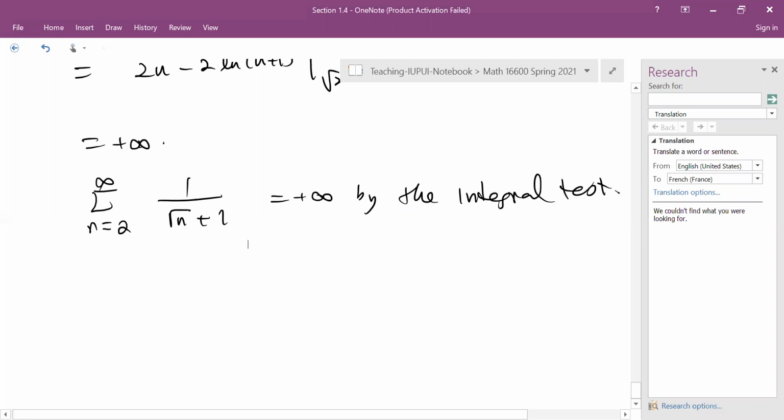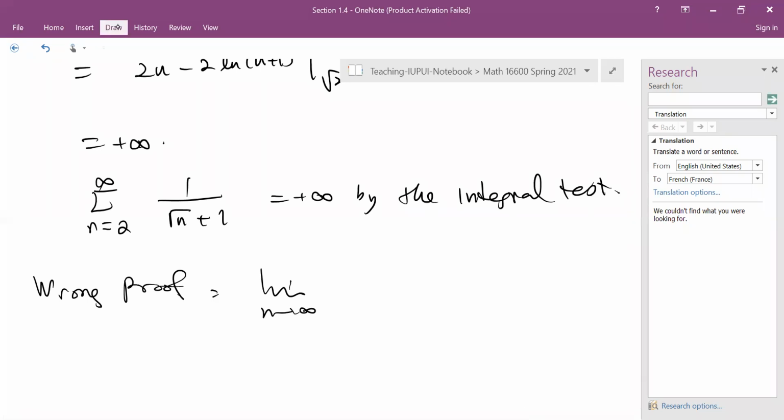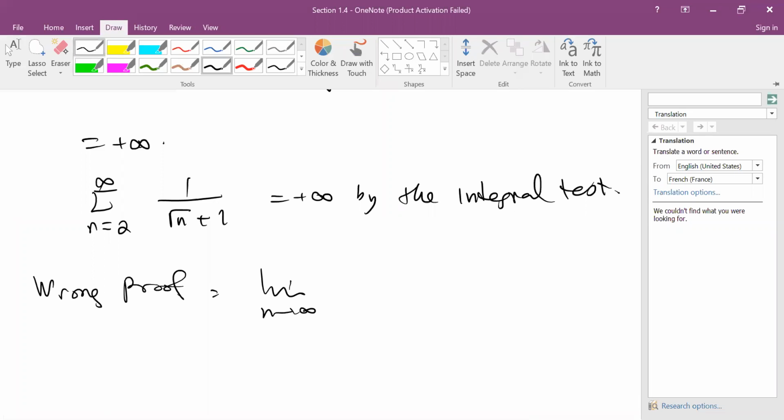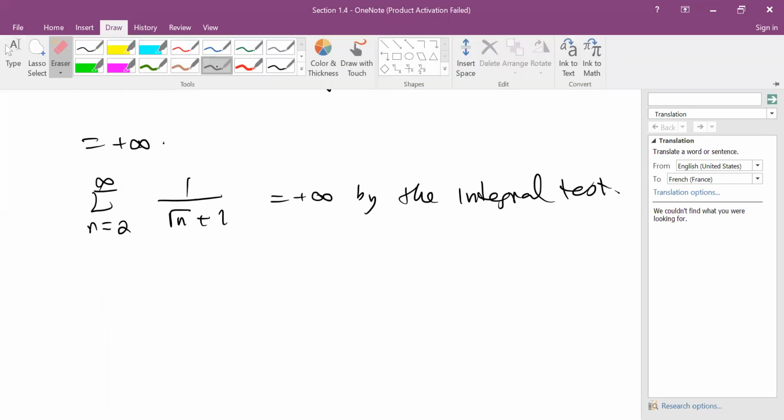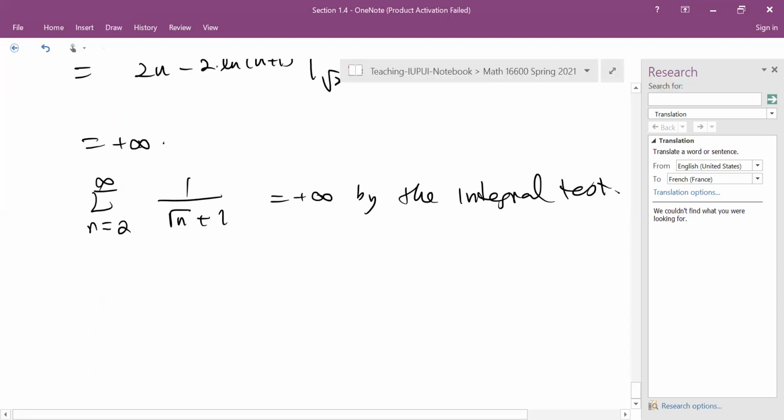But you cannot prove it's divergent using, here's a wrong argument, okay? Wrong proof, okay? Here says that the limit, now we cannot use that. The limit of the nth term is going to be 0, but this does not guarantee the series is convergent.